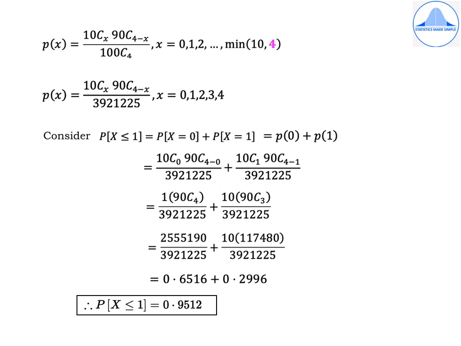The next step after simplifying, 10C0 you know is 1 into 90C4 divided by the denominator plus 10C1 will be 10 into 90C3 divided by the denominator. Then on further simplification, the last but one step, you will get probability of capital X less than or equal to 1 is equal to 0.6516 plus 0.2996. Therefore, probability of X less than or equal to 1 is 0.9512.